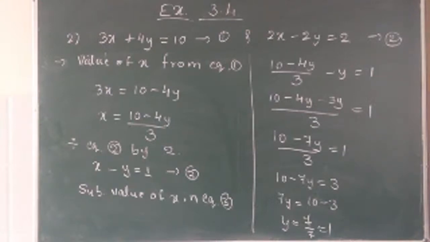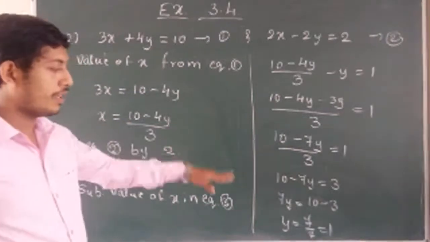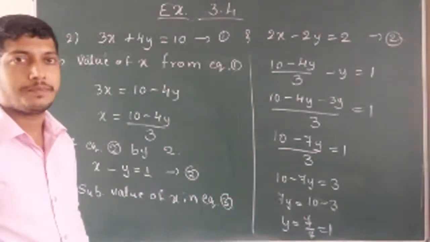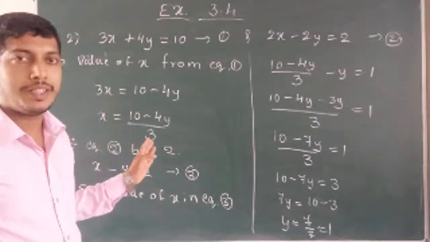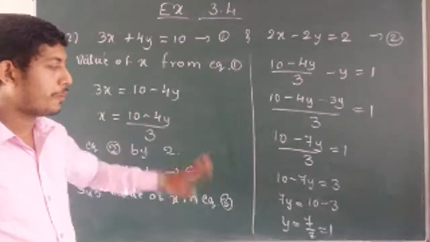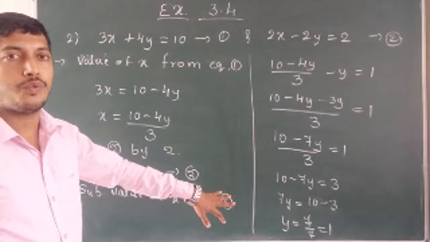We called that equation 3, and in equation 3 we substitute the value of x, which is (10 minus 4y) divided by 3. So it gives the value of y as 1. We got the value of y as 1 in the elimination method, and in the substitution method also we got y as 1.